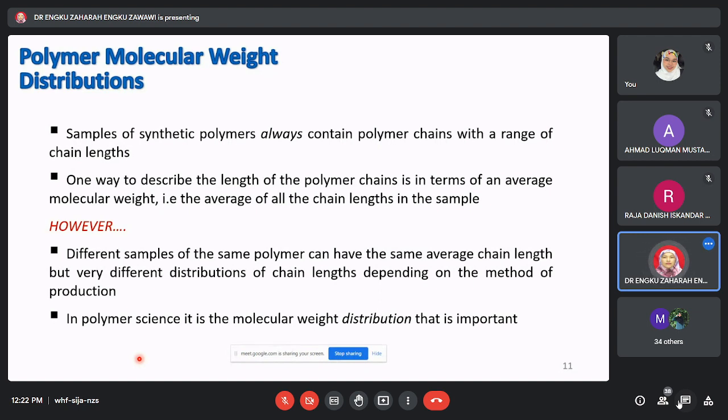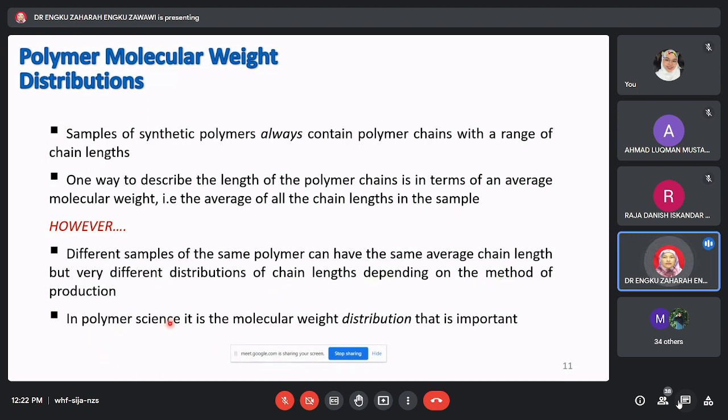So we have to calculate the average of all chain lengths in the polymer sample. However, different samples of the same polymer can have the same average chain length but very different distributions of chain length, depending on the method of polymerization.